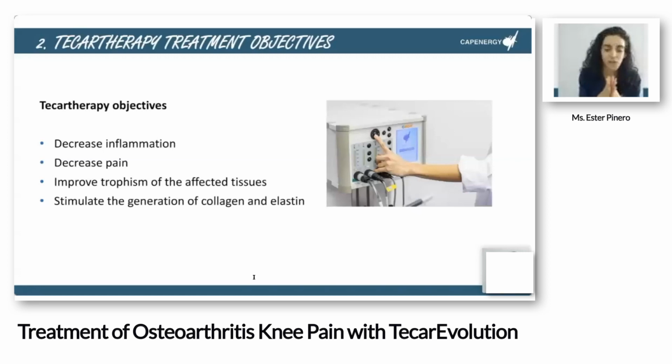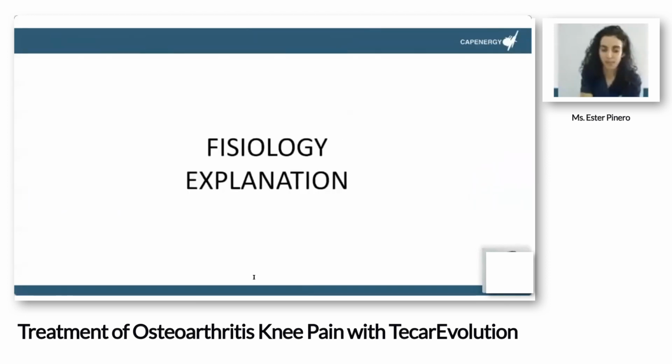And another important thing is to stimulate the generation of collagen and elastin to have a good skin and a good tissue, okay? With elasticity to move this joint, okay? Now we are going to see how the physiology explains all these objectives.